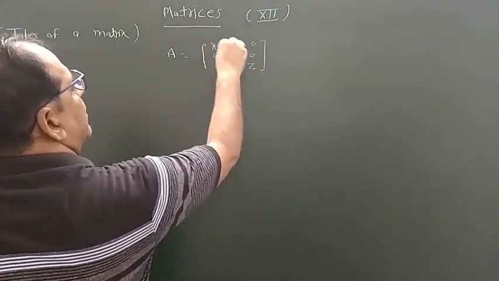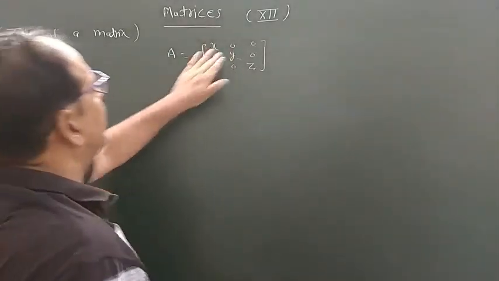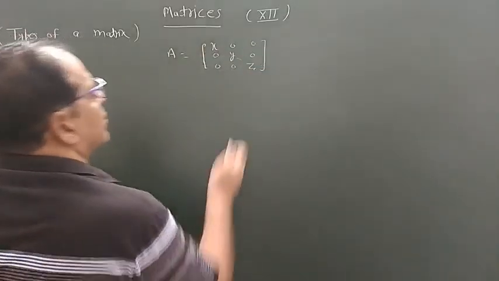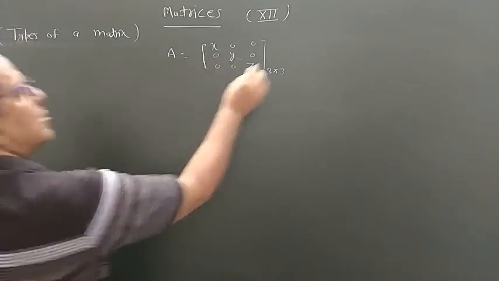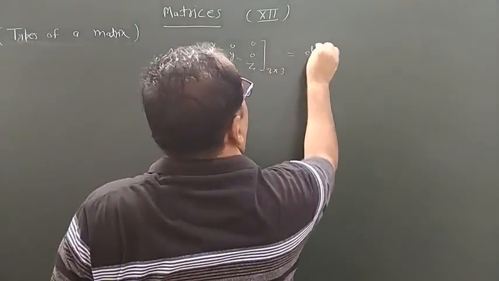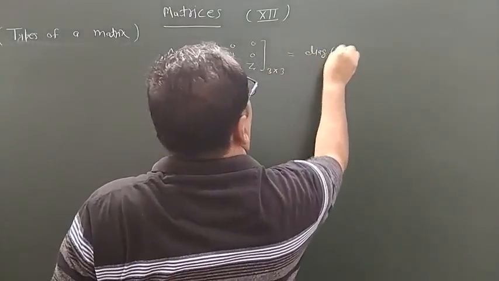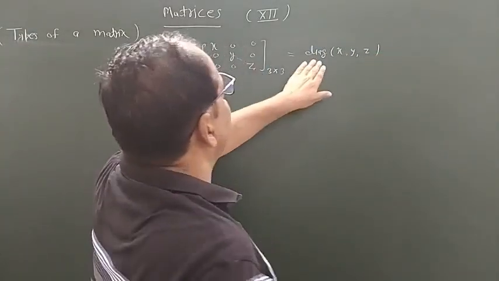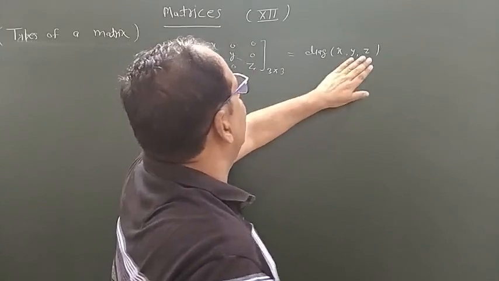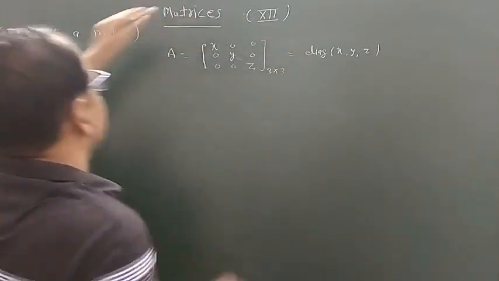This is the main diagonal. Except this, all the elements are 0. This is a square matrix of 3 by 3. So this can also be indicated as diagonal x, y, z. If anywhere it is written diagonal x, y, z, then it can be expanded like this.